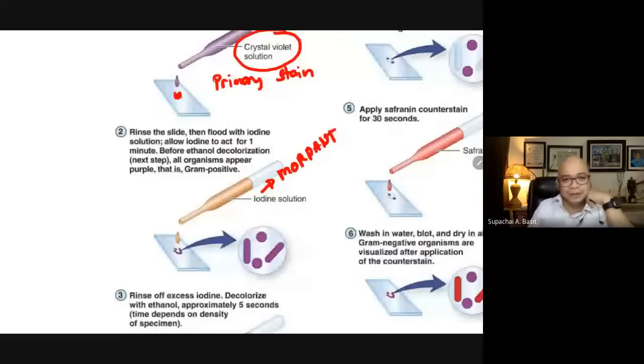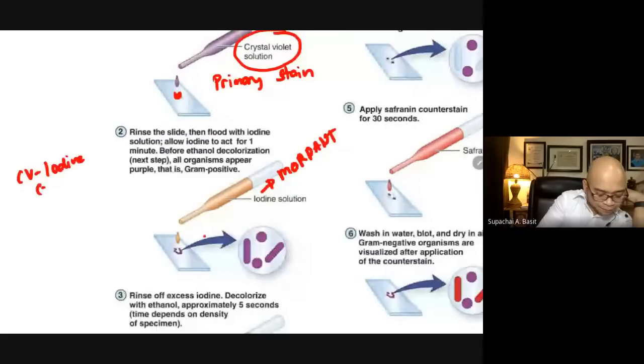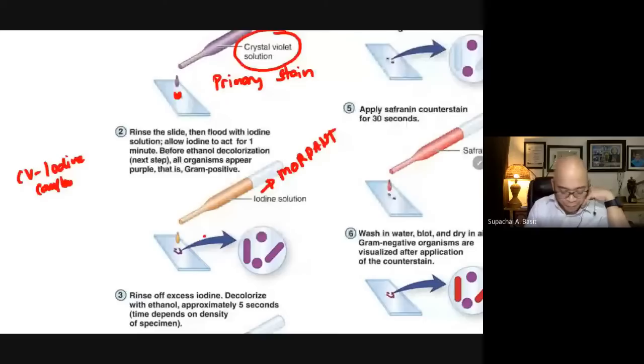The mordant will intensify the crystal violet iodine complex. Initially, upon the addition of crystal violet and iodine, both gram-positive and gram-negative will be purple.